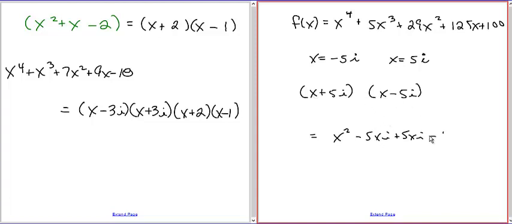Then I get negative 25, so that's negative 5 times positive 5, i squared. These cancel out because they're the same but opposite signs. And i squared is negative 1, so I get negative 25 times negative 1, so I get x squared plus 25. So that's my quadratic term.